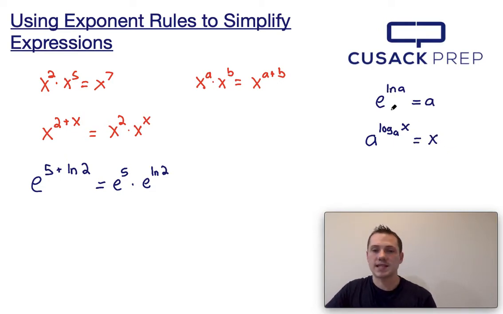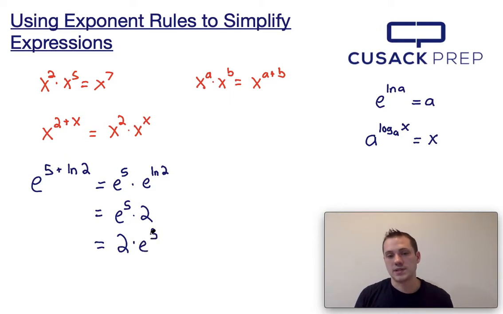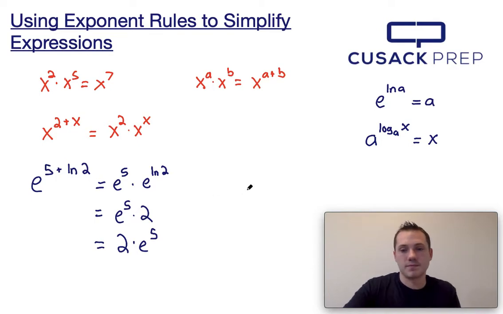So we can use this exponent rule to simplify this a little bit further. E to the ln of 2, well, e to the ln of a is just a, so e to the ln of 2 is just 2. So we could write this as e to the fifth times 2. And it's convention to write the constant in front, so we would turn this into 2 times e to the fifth.